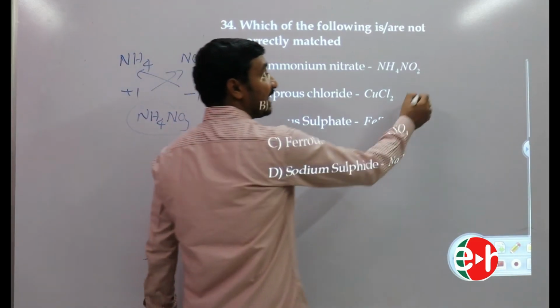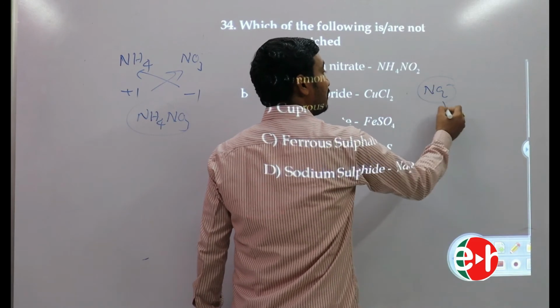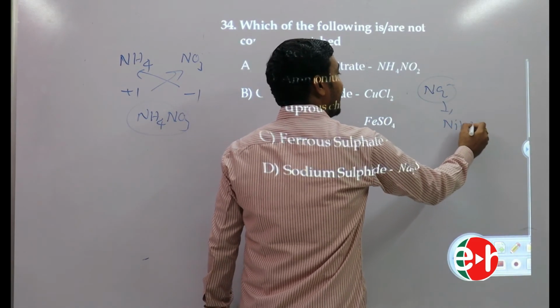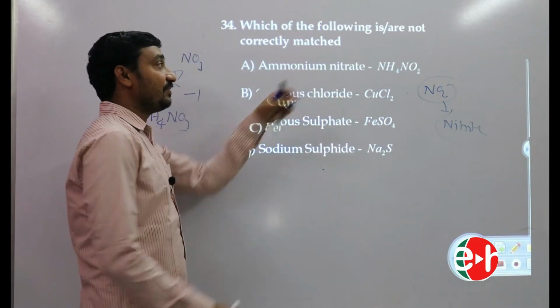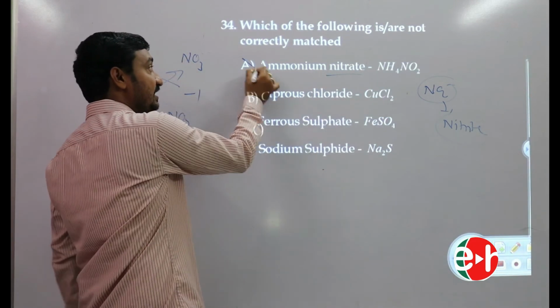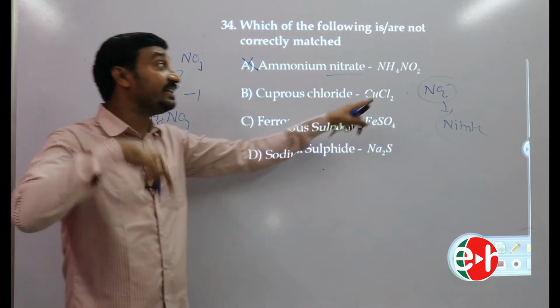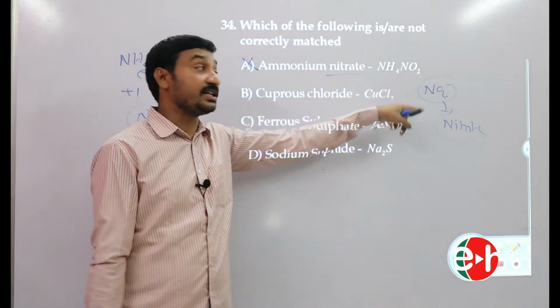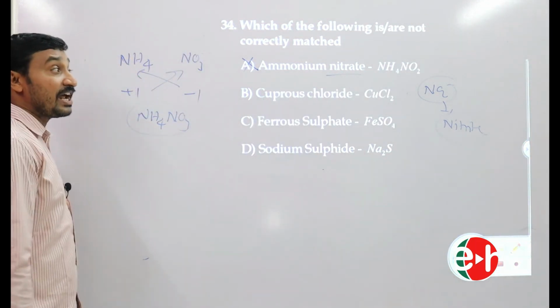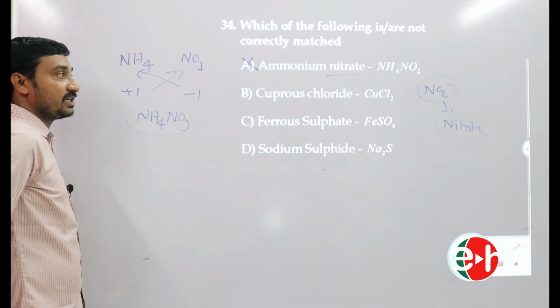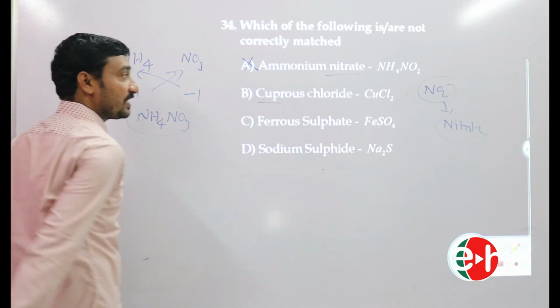But here NO2 minus is given, which is the formula of nitrite. So this is wrong. That is ammonium nitrite, but they have given ammonium nitrate. Nitrate is NO3 minus. So the first one is wrong.